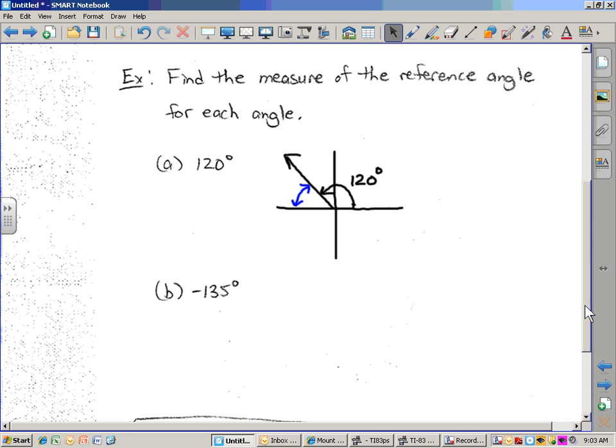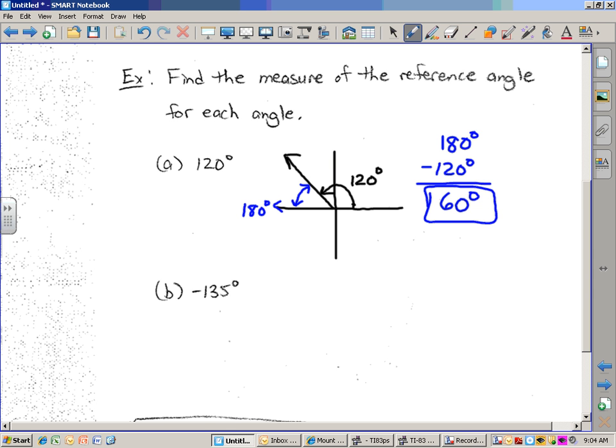That distance should be less than 90 degrees. Now, that x-axis is 180 degrees. So what is the distance from 180 to 120? Well, I think you can do that in your head, but if you can't, it's 180 minus 120, or 60 degrees. 60 degrees is the reference angle for 120 degrees.